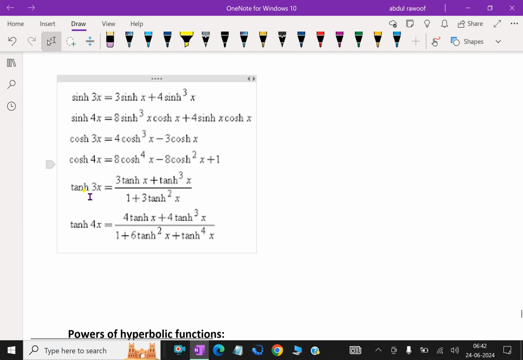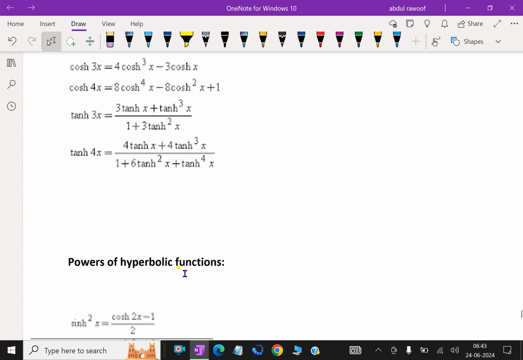Like that cosh we can find. Also for tanh, remember tanh 3x equals (3 tanh x plus tanh cube x) over (1 plus 3 tanh squared x). Like tanh 4x, from this expression we can find.